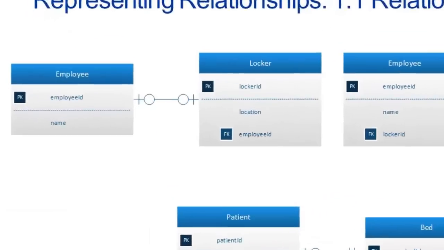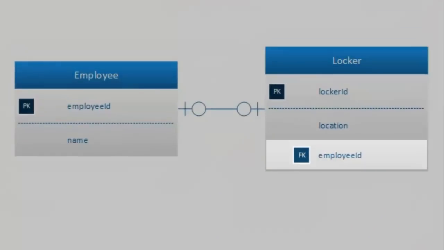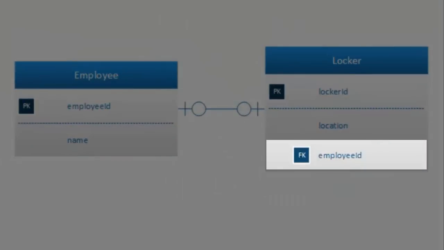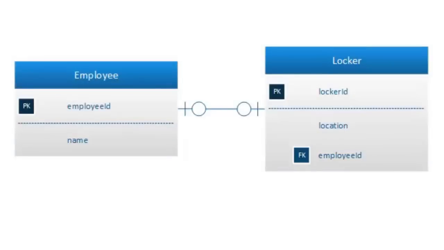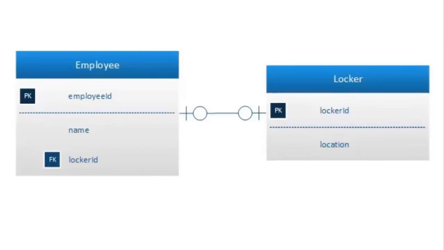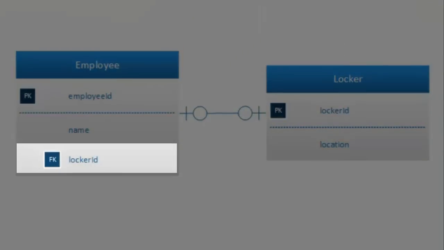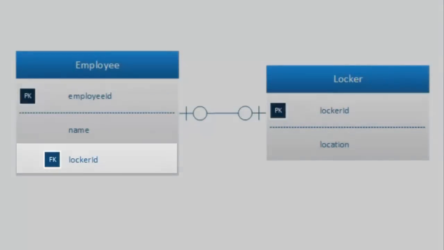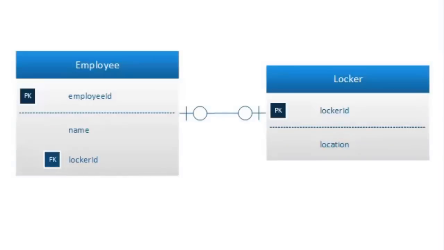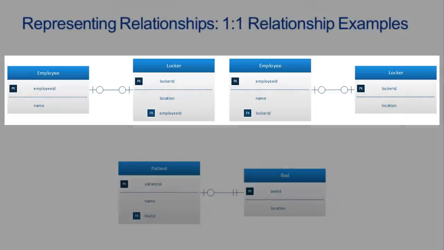In the first example, we've placed the foreign key in the locker table, such that a locker has an employee, whereas in the second example, we've placed the foreign key in the employee table, such that an employee has a locker. So whichever of those two notions conceptually makes most sense to you as the data designer should guide your decision as to where the foreign key should be placed.